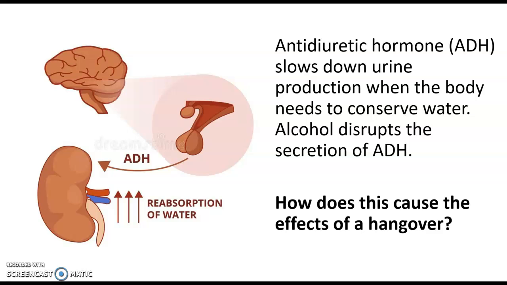And this is what leads to the effects of the hangover: dehydration, headache, and dry mouth. Those are some of the consequences of drinking alcohol, all because it is preventing our hypothalamus from being able to tell the body how to regulate the water content of our blood.